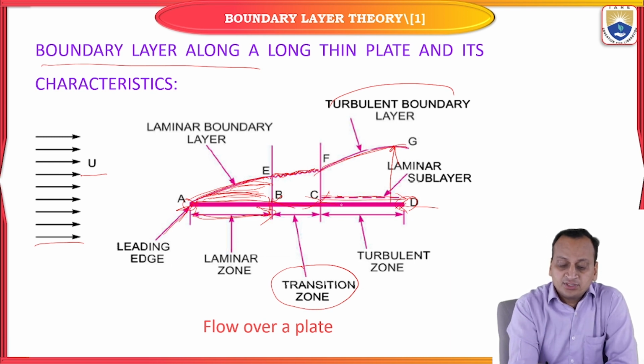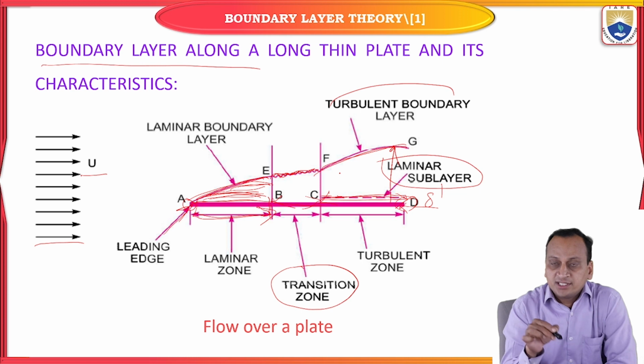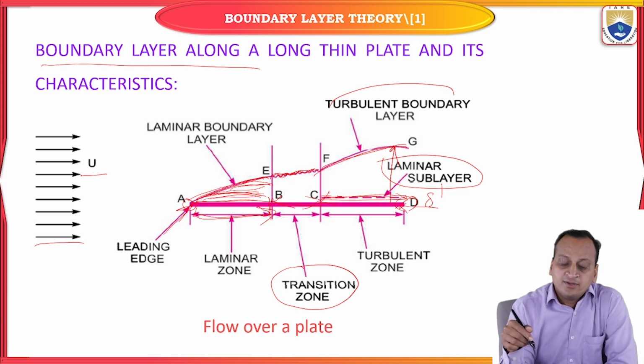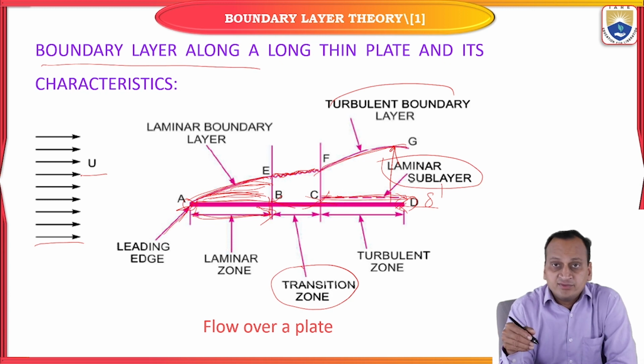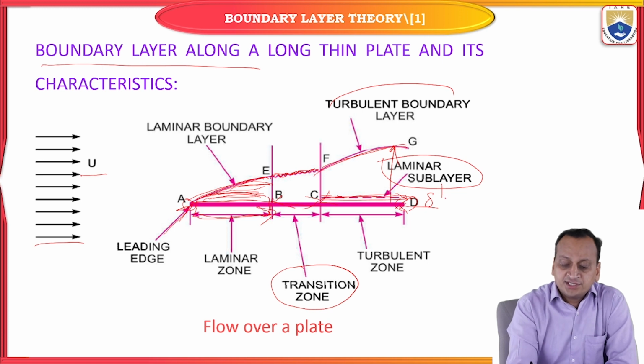Therefore, this small thickness is denoted by delta dash, and it is known as the laminar sublayer. The laminar sublayer is nothing but the portion of the turbulent boundary layer which is within the immediate vicinity of the flat plate. Some portion of the liquid will be behaving like the laminar flow pattern. Therefore, that portion is known as the laminar sublayer.